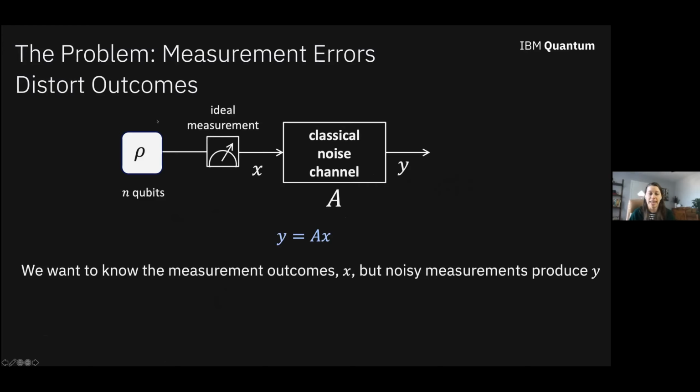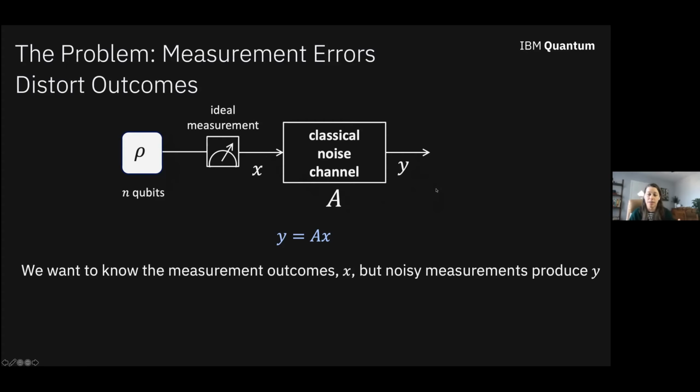The problem here is that at the end of an experiment, our system is in some state rho, and we model the measurement as an ideal measurement, which gives us outcomes X that are acted upon by some classical noise channel, so that in the end we detect outcomes Y.